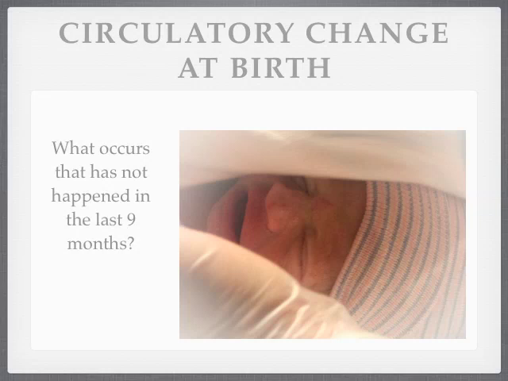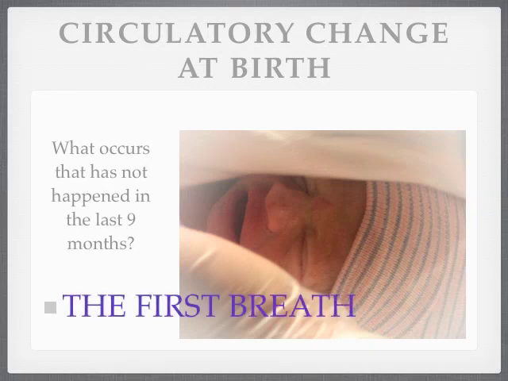And that, of course, is the first breath. The child takes its first breath. It's interesting that everybody in the room, in a sense, is holding their breath, waiting for the child to take its first breath. That first breath changes everything.